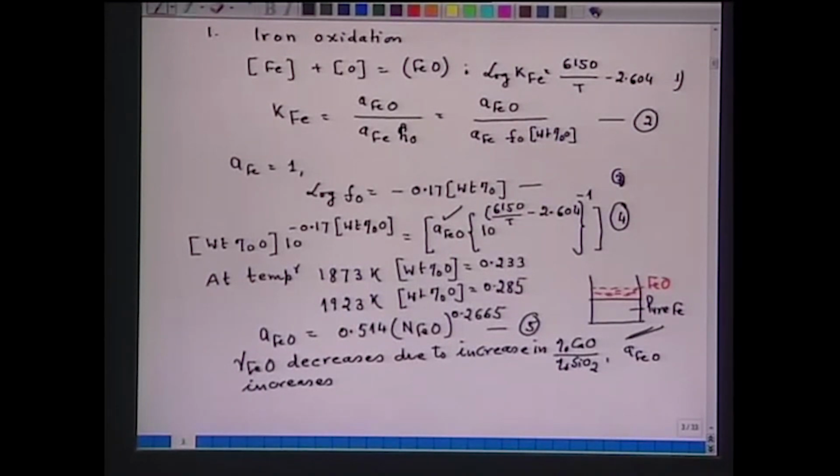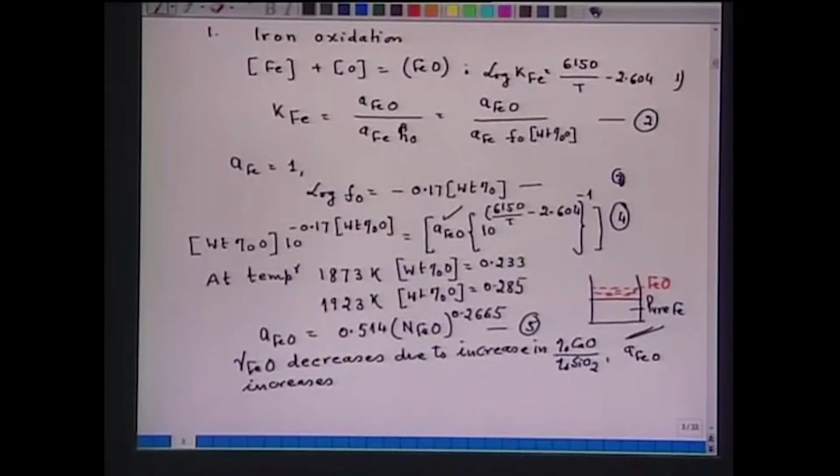It is also clear that as gamma FeO decreases, that means more FeO will be available freely, and hence by the concept of activity, because activity is the free concentration of that compound or of that element. So, if more FeO is free, that is, not combined with any oxide, then it can take part in any reaction, because the oxide which is combined cannot take part in that reaction. So, if you increase the basicity of slag, as I explained earlier, by adding more calcium oxide, then calcium oxide will react with SiO2 and FeO gets free, and that is why the activity of FeO increases, and that is what we obtained in our last lecture on slag making.